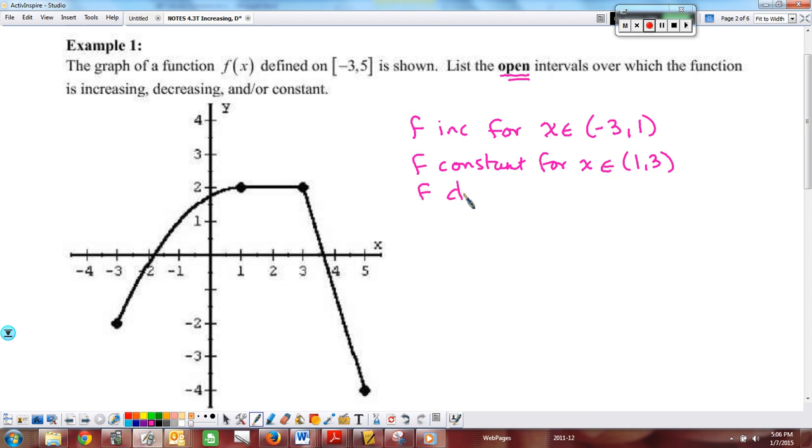And then f decreases for all x in the interval from 3 to 5. Now notice we're not even going to get into the bracket or parentheses option. They are always going to ask you for the open intervals for which the function is increasing, decreasing, or constant, and you are simply going to list them with parentheses.